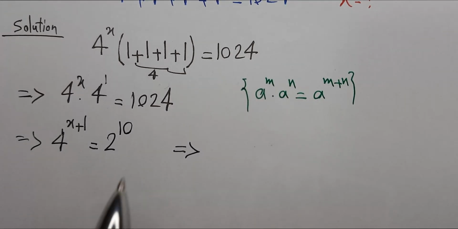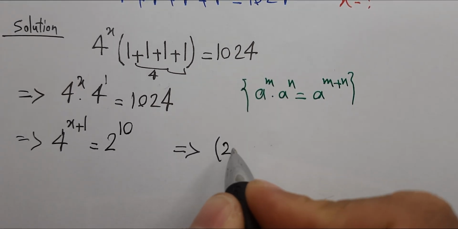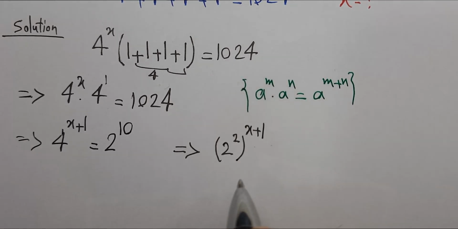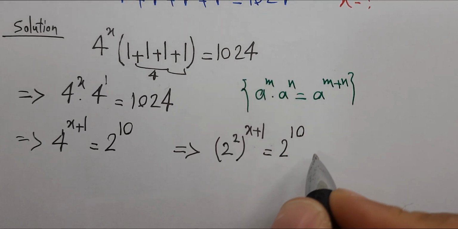Now, we can write 4 as 2 power 2, all power x plus 1, and we have 2 power 10 on the right side.